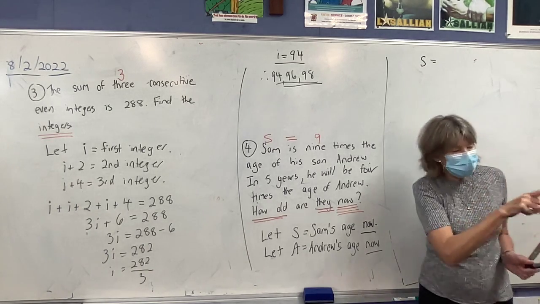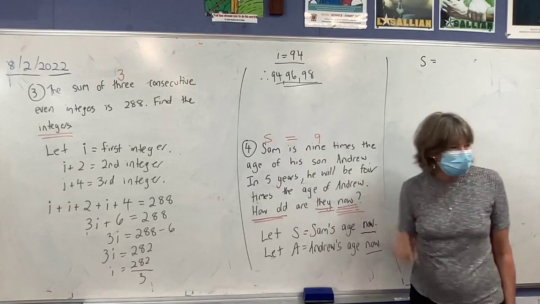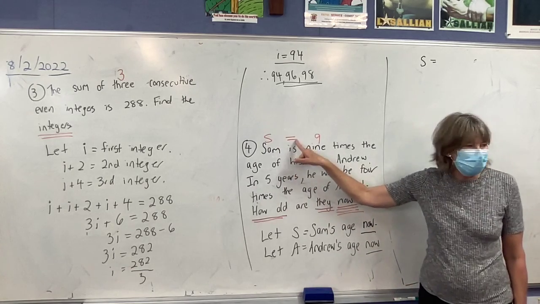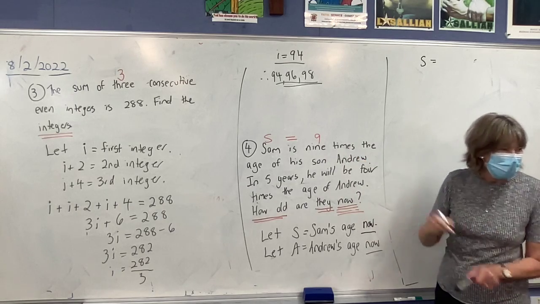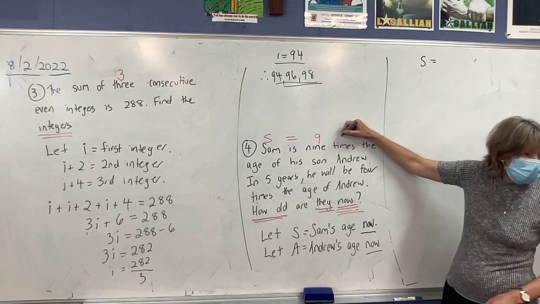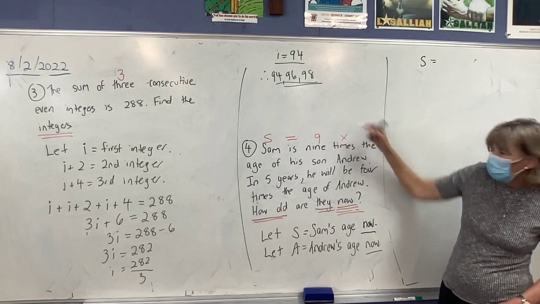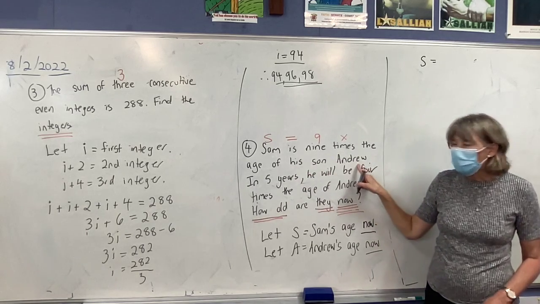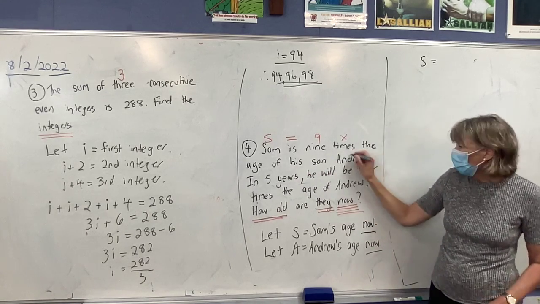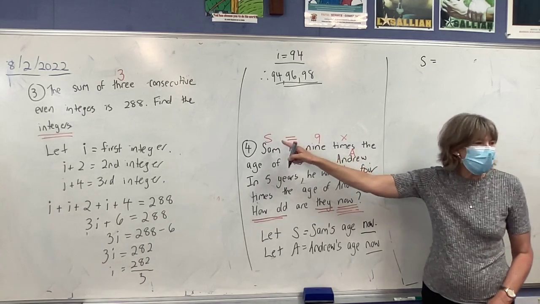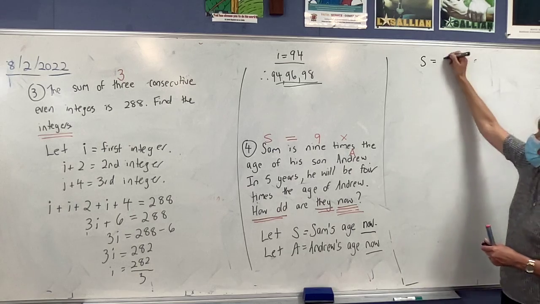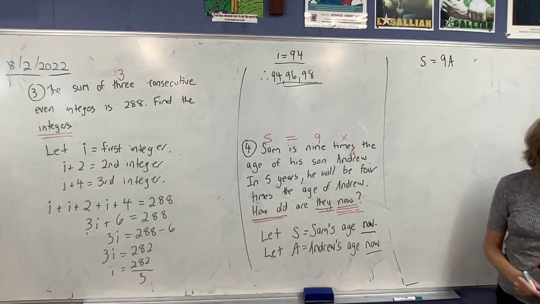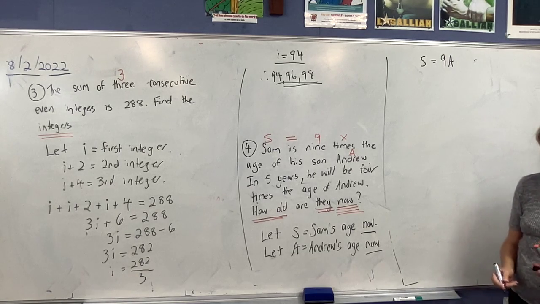Okay, just listen carefully. Sam, S, is equals 9 times. How do we write times? The age of his son Andrew. What letter? A. All you have to do is read it and write it. S equals 9 times A. Got it? Which I'm just going to write like that. You okay with that?